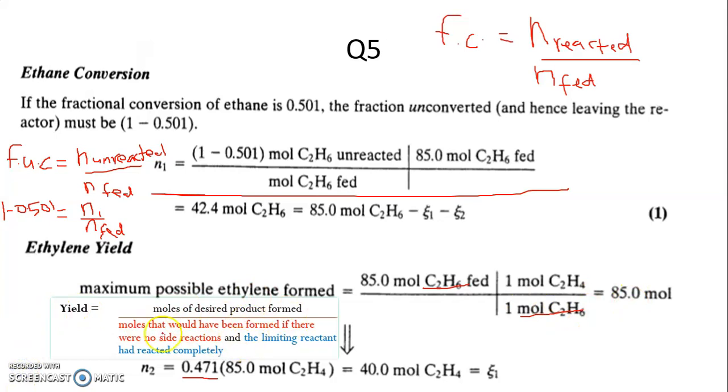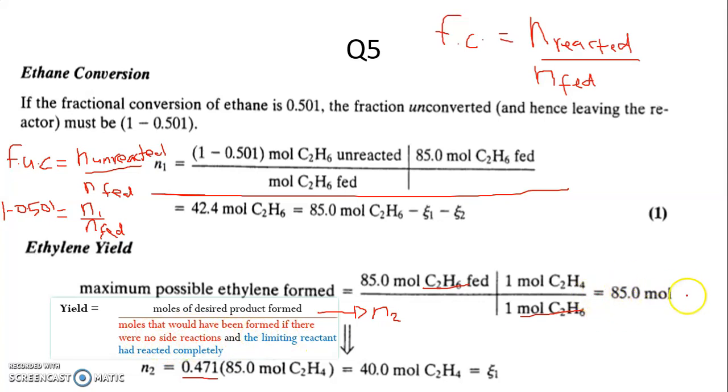Then if you go back to this formula, we know that the moles of desired product formed is the outlet, right? Outlet for C2H4, which is represented by N2 just now from the flowchart. And then we have moles that would have been formed if there were no side reaction.